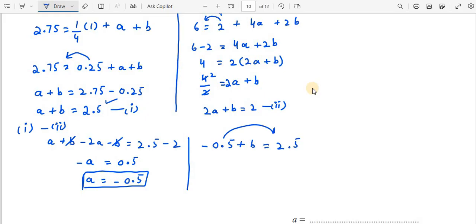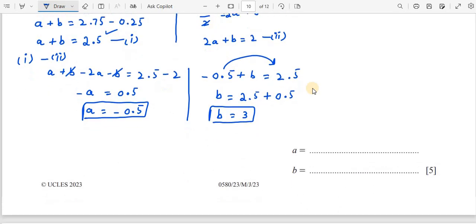This value shifts to this side, b is equal to 2.5 plus 0.5. So b is equal to 3. So the value of b is 3. a is minus 0.5 and b is 3.